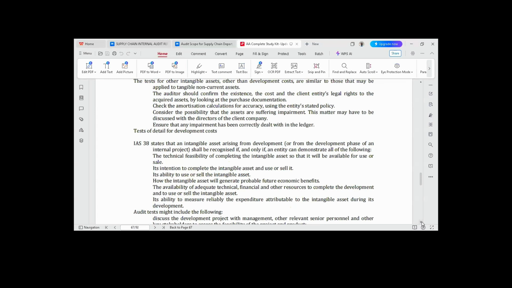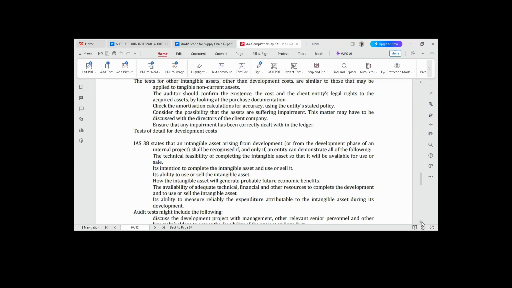Number one, the technical feasibility of completing the intangible asset so that it will be available for use. There's an intention to complete the intangible asset and use it or sell it. Its ability to use or sell the intangible asset.